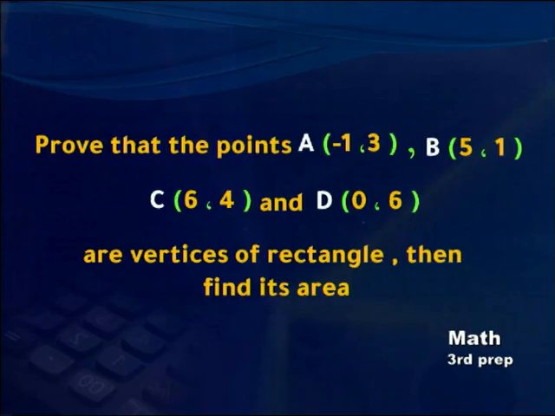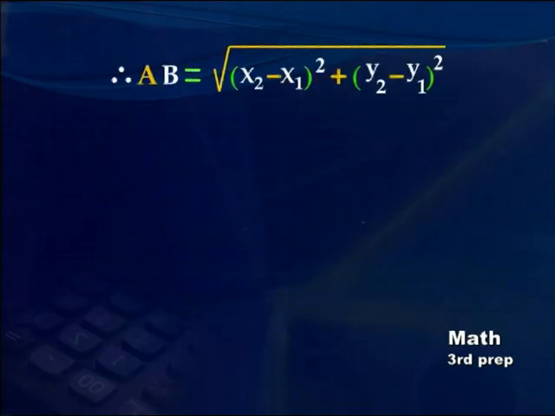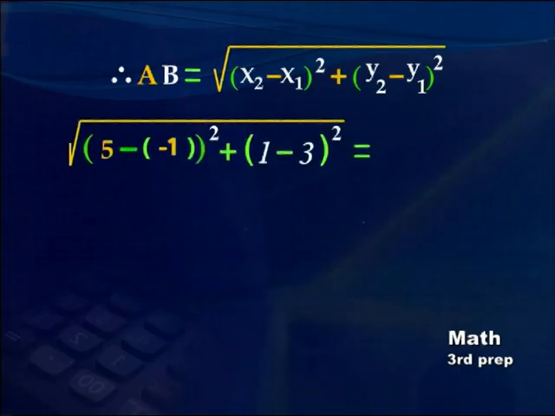Then we have to find the length of AB at the very beginning. AB equals square root of (x2 minus x1) all to the power of 2 plus (y2 minus y1) all to the power of 2. By substituting, it is square root of (5 minus negative 1) squared plus (1 minus 3) squared, to obtain a result of 2 square root 10 units.